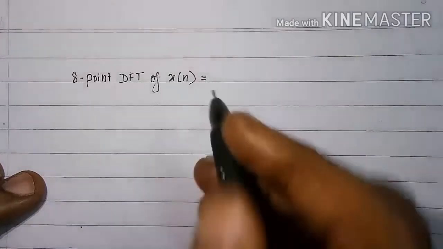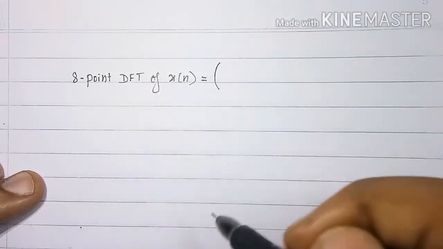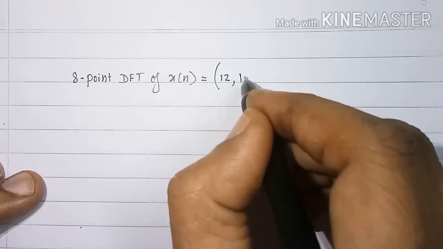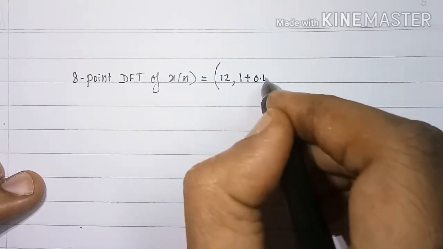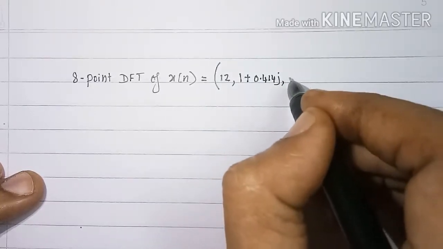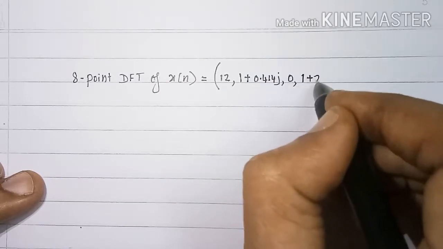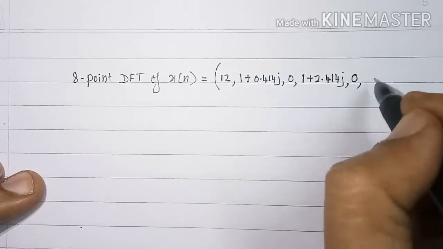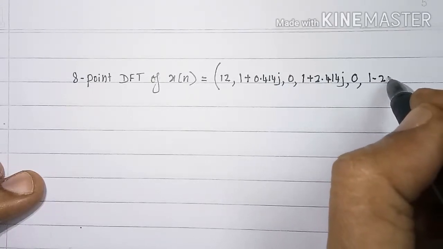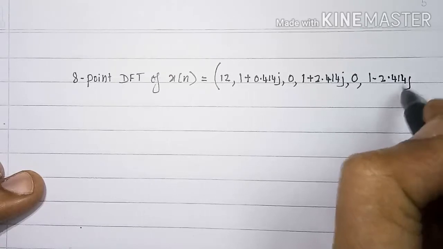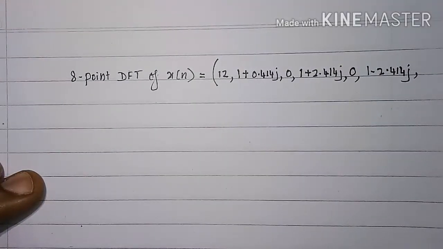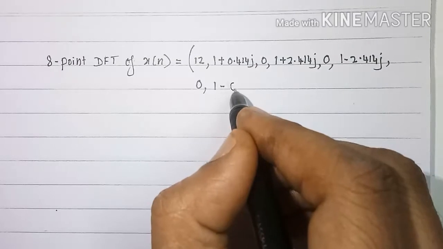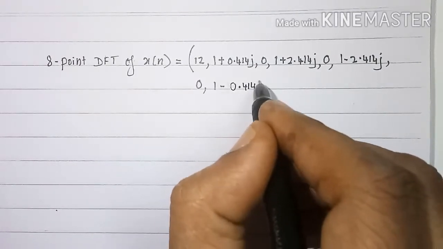Eight-point DFT of x of n equal to 12, 1 plus 0.414 j, 0, 1 plus 2.414 j, 0, 1 minus 2.414 j, then 0, 1 minus 0.414 j.